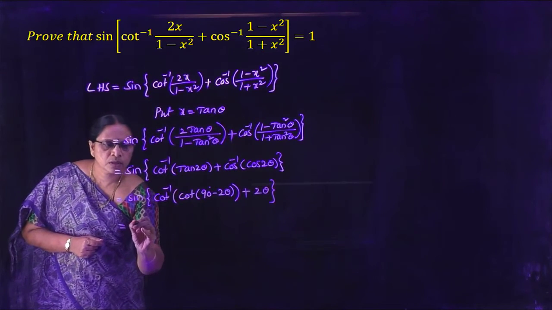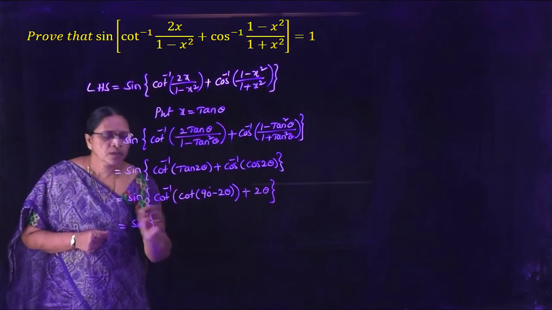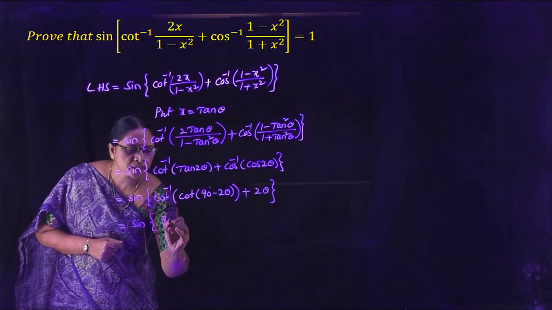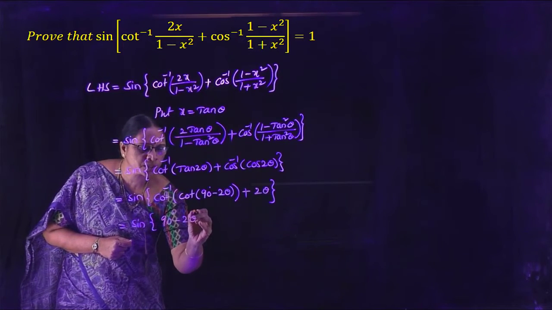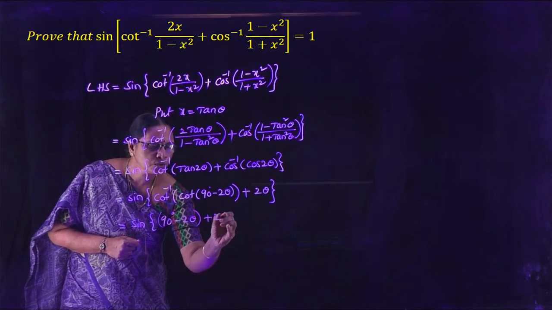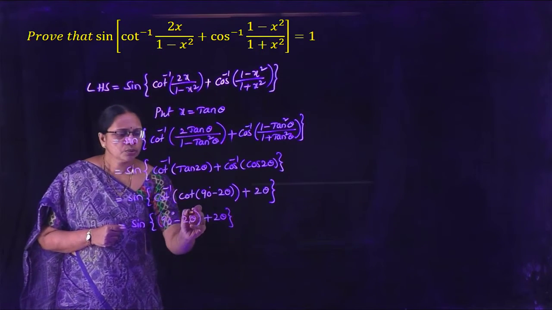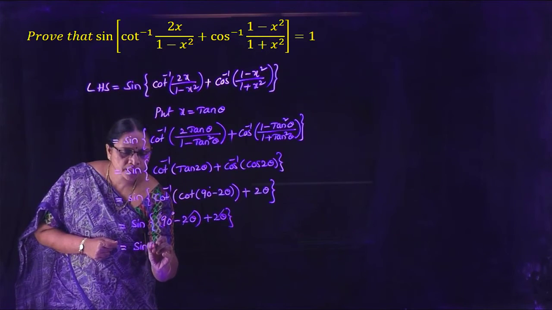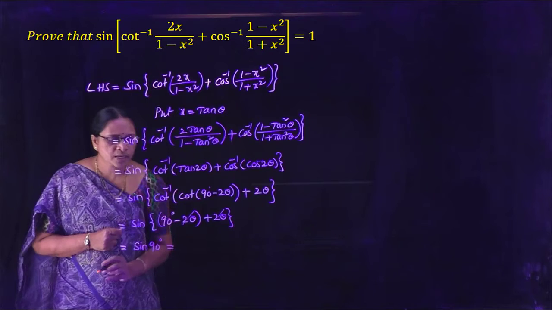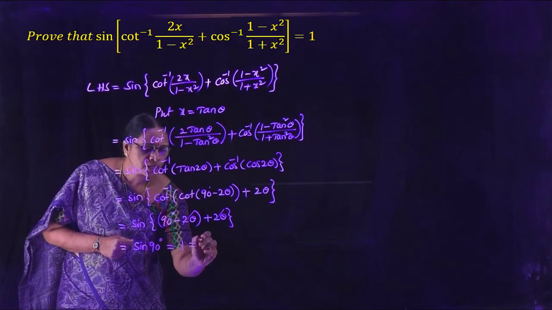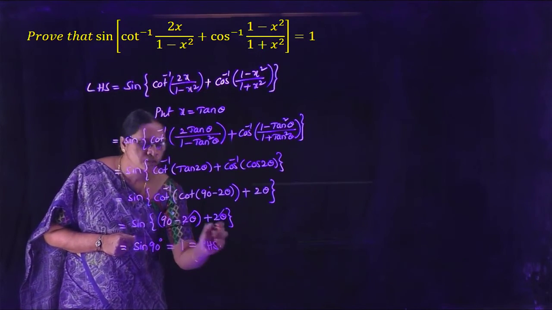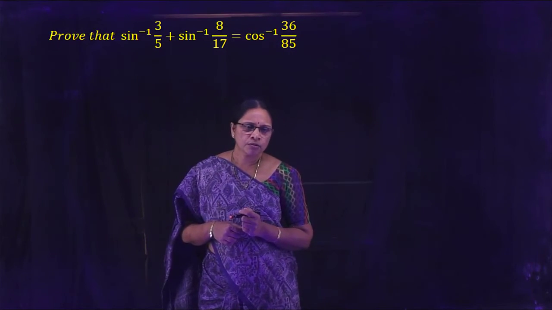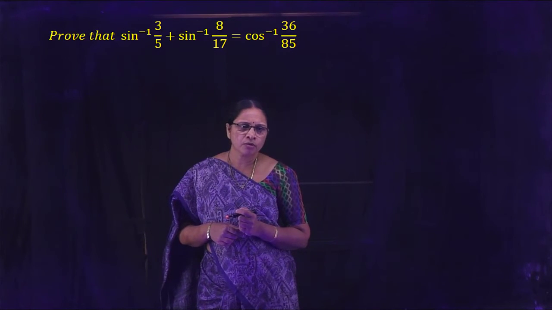That equals sine of, here cot inverse cot of 90 minus 2 theta is 90 minus 2 theta plus 2 theta. Here 2 theta gets cancelled, that equals sine 90. We know that the value of sine 90 degree is 1, that equals RHS.